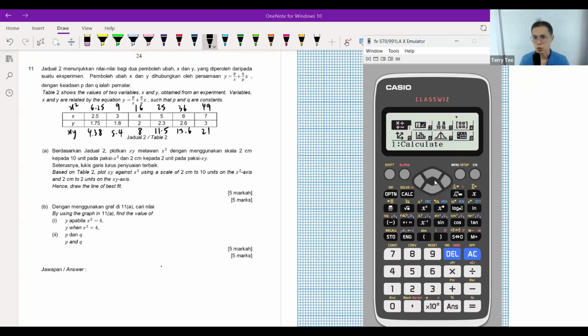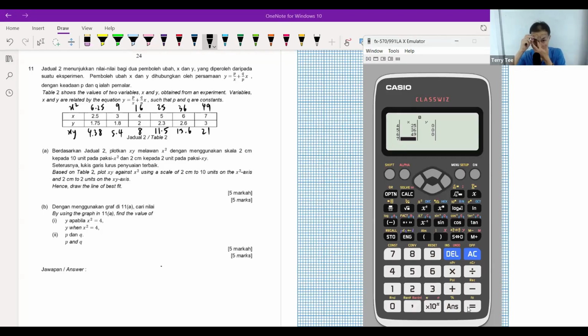Press menu, go to number 6 for statistic, go to number 2 for A plus Bx, that is your linear form. So key in all the x value first, 6.25, press equals, followed by 9, then 16, then 25, then 36, then 49.